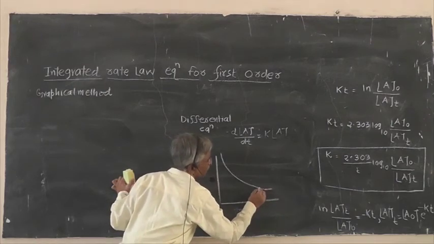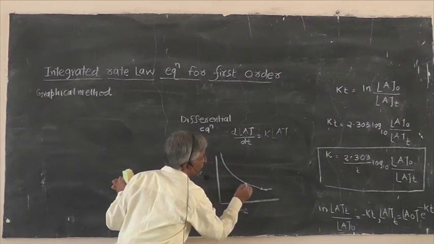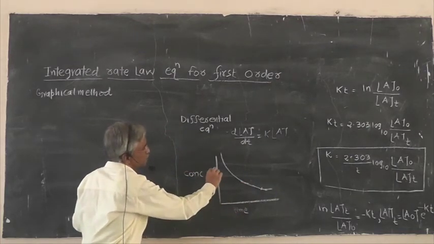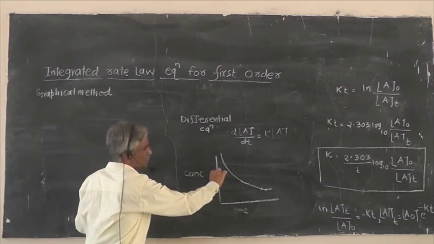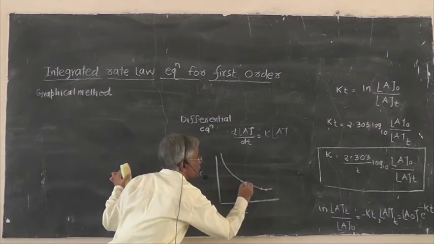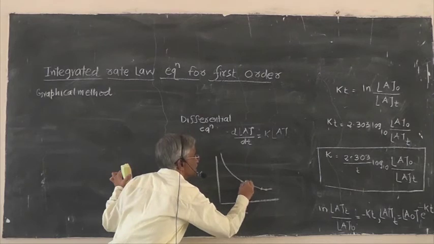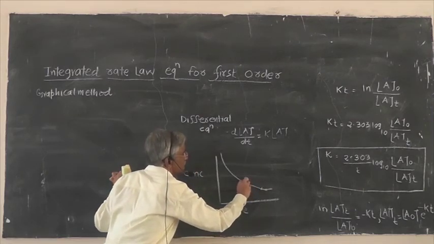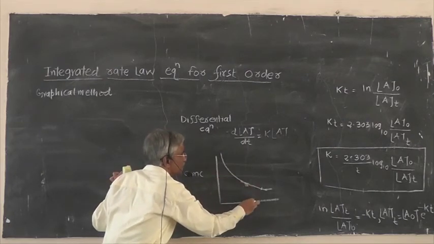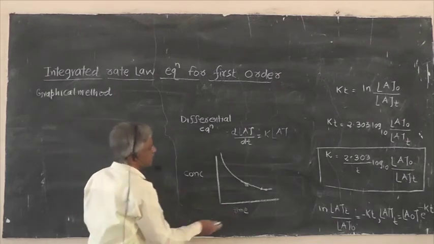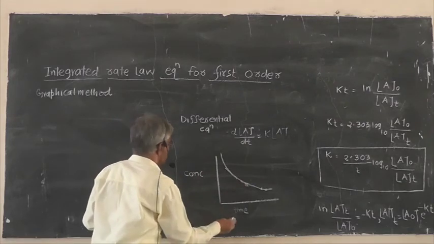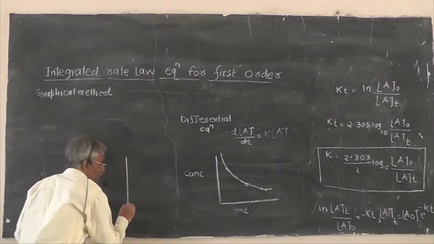Then at different time intervals, at different points, we plot tangents to this graph, and by selecting the smallest value of concentration and the smallest value of time, between this small concentration difference y2 minus y1 and this small time difference, we can plot the instantaneous rate of reaction.